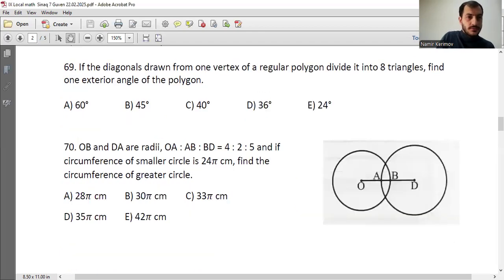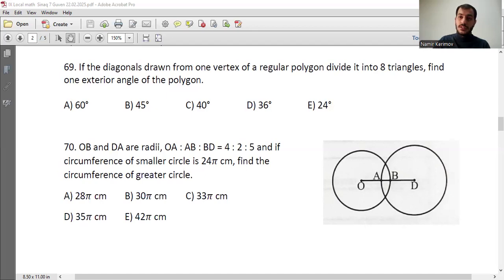In 69, if the diagonals run from one vertex of a regular polygon to divide it into 8 triangles, we know that the sum of the interior angles for a triangle is 180. And if there are 8 times 180, we can find the sum of interior angles.